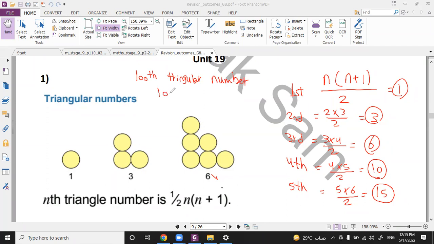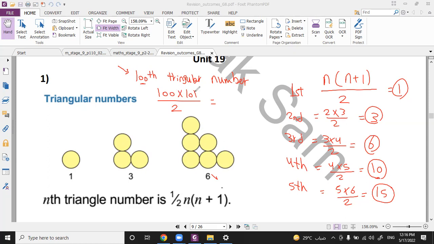It's 100 times 101, great, divided by 2. Okay, I'll explain it again. So the 100th triangular number, it's 100 times 101 divided by 2. Why 100? Because the order of the triangular number is 100.